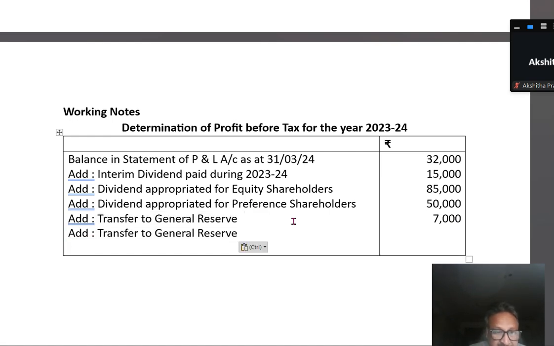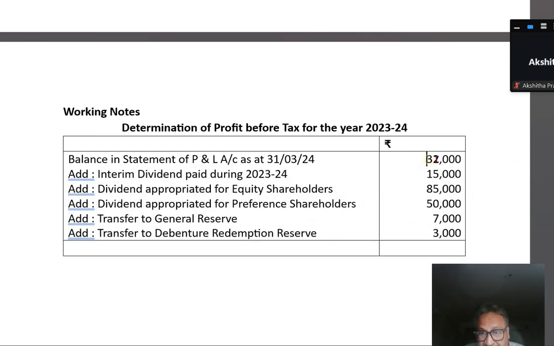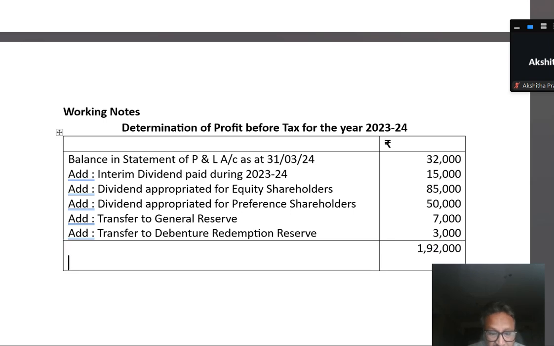So here we will write add transfer to debenture redemption reserve 3,000. So these are the items of appropriation of profits. We will add all these things to 32,000. So this is 1 lakh 60 plus 32 is 1 lakh 92.